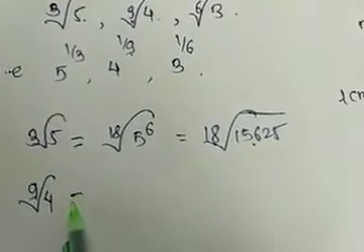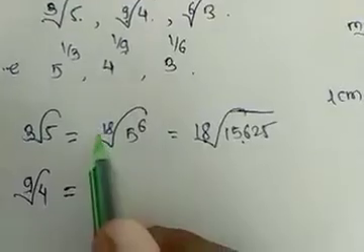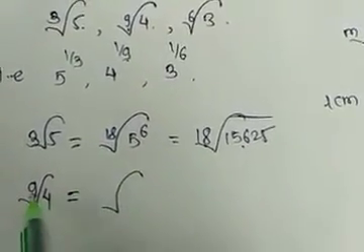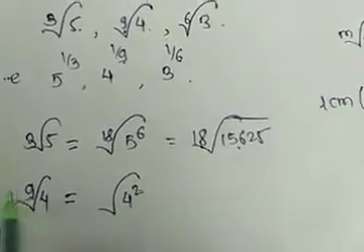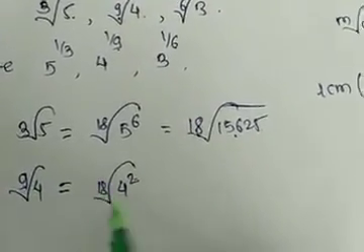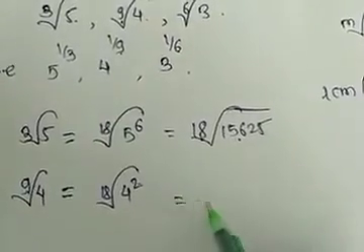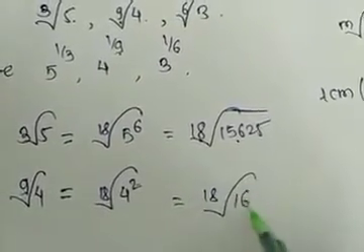The 9th root of 4 is equal to, same as above, we have to make 18, so we have to take the square, 4 squared, because 9 2s are 18, which gives the 18th root of 16.